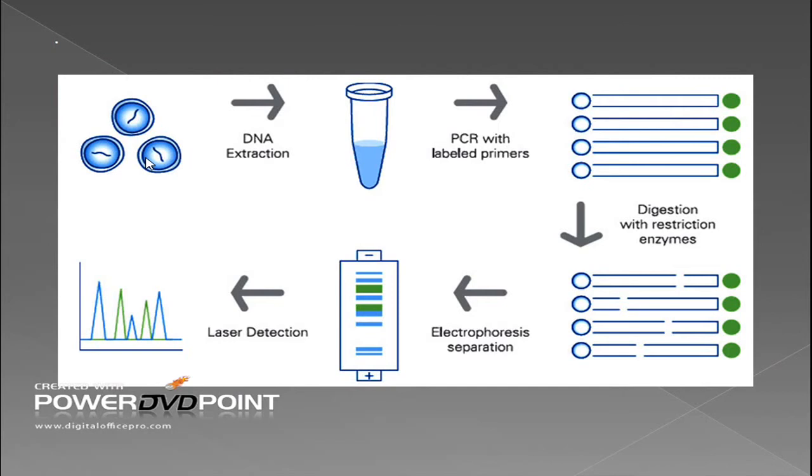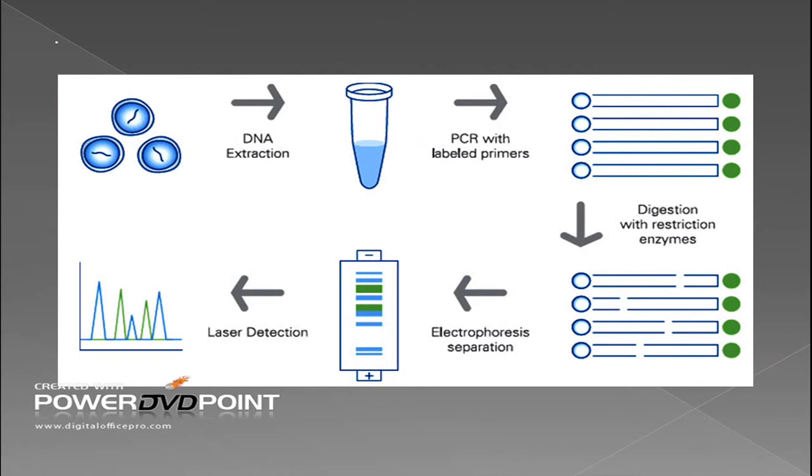Here is a schematic representation of the technique. First is DNA extraction, that is, the DNA is extracted from the organism and amplified with the help of PCR. Why is amplification done? Because the amount of DNA to be analyzed is very small. To get the result of the analysis accurately, we have to have multiple fragments of the same DNA.